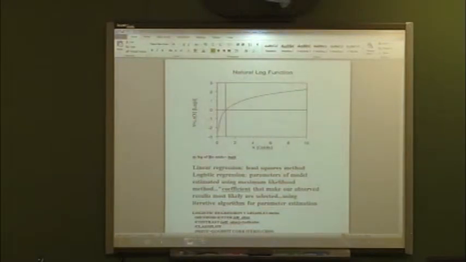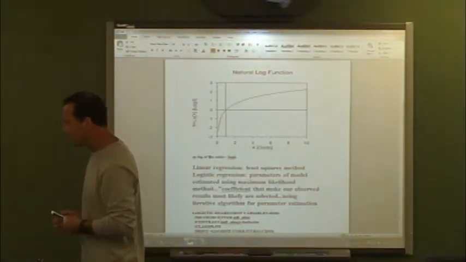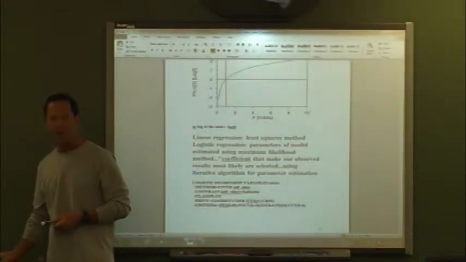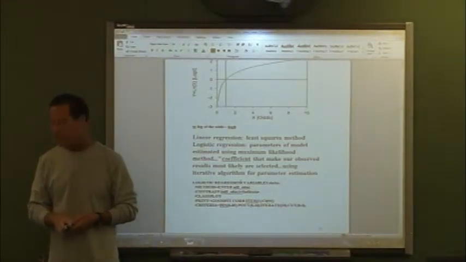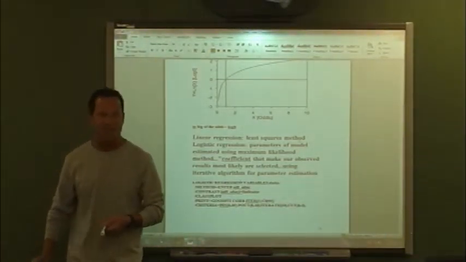So this is an odds ratio, everybody. Soon you're going to learn that the log of the odds is your regression coefficient, called the logit. We're going to go over that soon. Linear regression is a least squares method, as I said a few minutes ago, right?